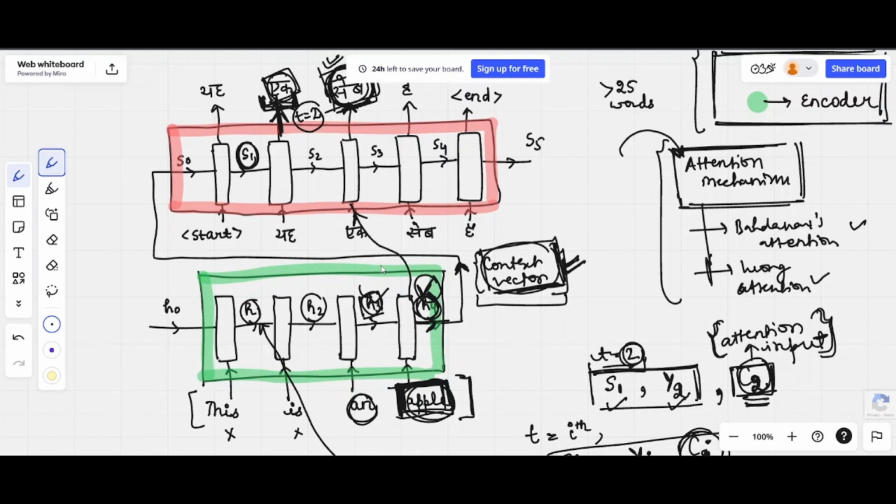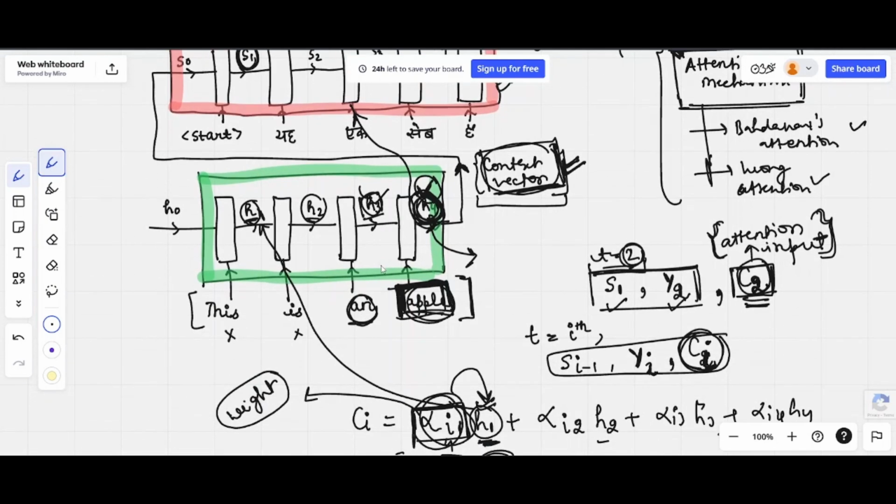So the weight associated with this hidden state will be the highest, and we are not completely ignoring other hidden states. It's just that we are assigning them lesser weights because we want to tell our decoder that this is more important in getting save as output. This is the information that we want to pass to our decoder, right?